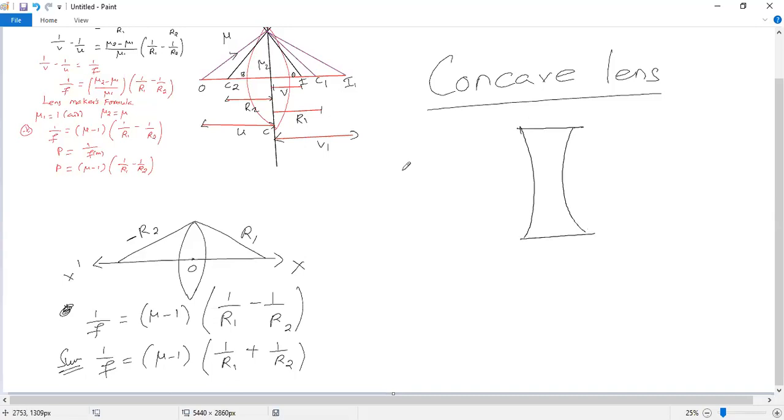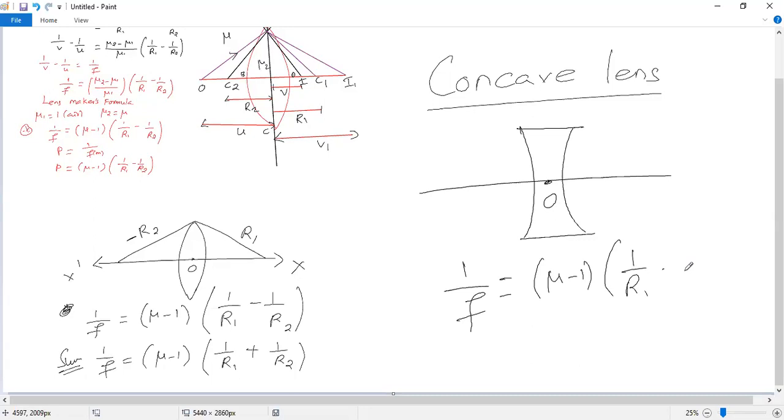Concave lens, optical center O. For the lens maker formula, you will get 1 by f equal to mu minus 1 into 1 by R1 minus 1 by R2.